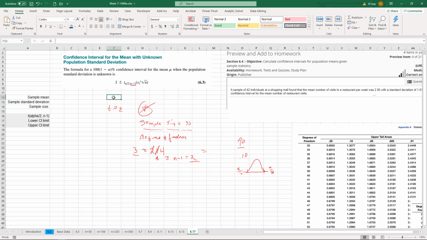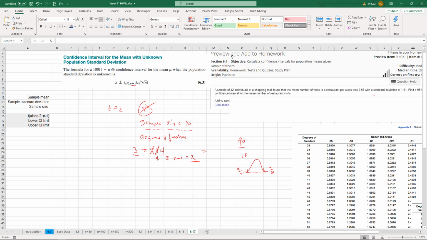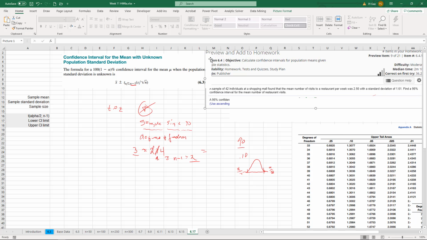So in this problem, what do we have? A sample of 42. Okay, so let's put some numbers in here. Sample mean is, I have to pull it out, I can't quite see it over there. 2.56 visits to the restaurant, 2.56.